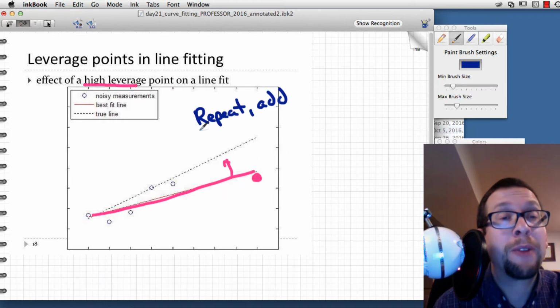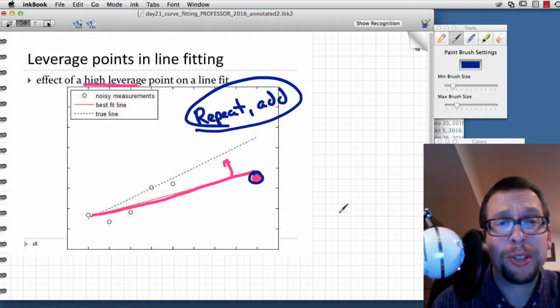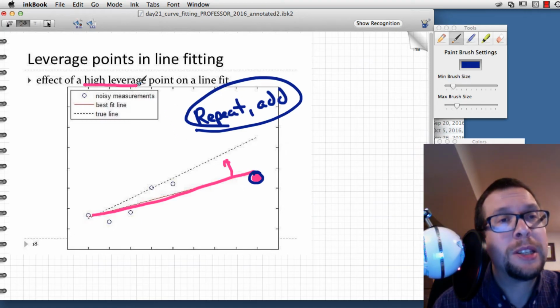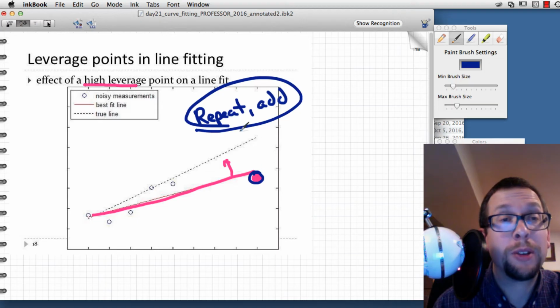And that really only comes out if you do repeated additional experiments to see if you can reproduce the events that lead to this. It could also just be sensor noise. There could be some silliness that's going on that is truly anomalous, and by repeating your experiments, you might be able to confirm that. So seeing these high leverage points that really throw off your line, they could be an indication that either A, nothing's actually wrong, or there could be something very different that you don't quite understand. So pay attention to those when you see them.